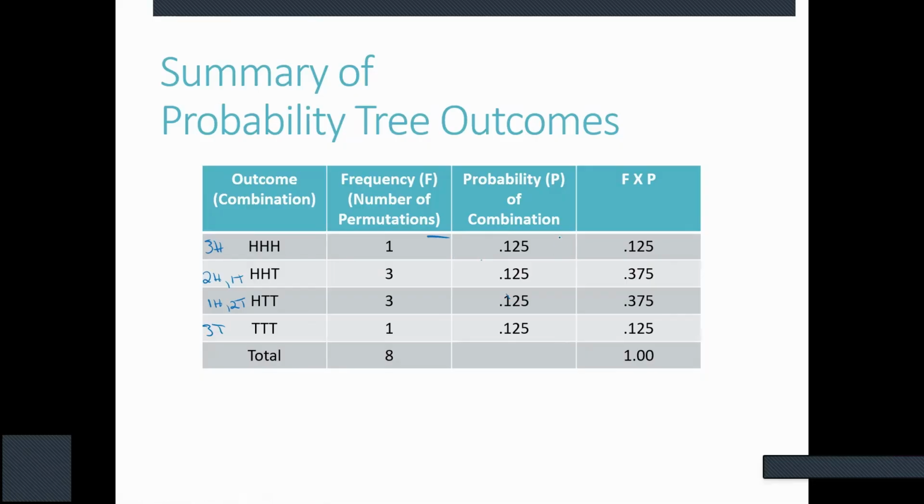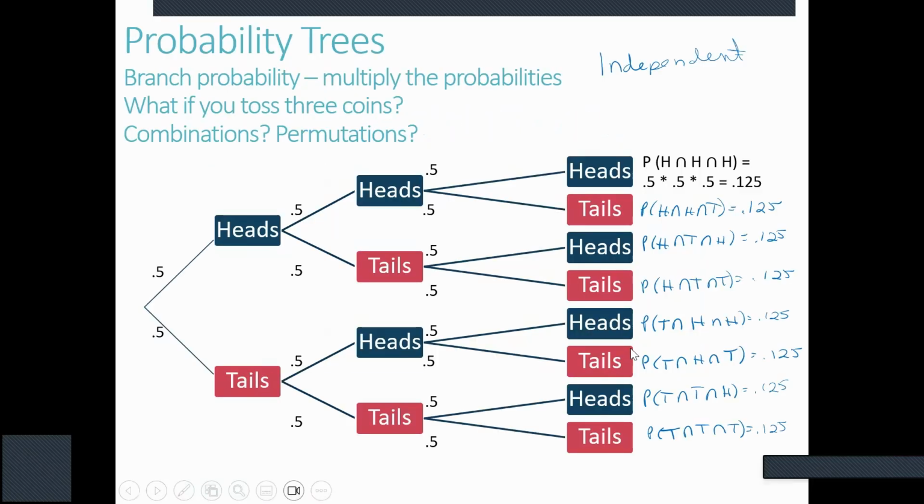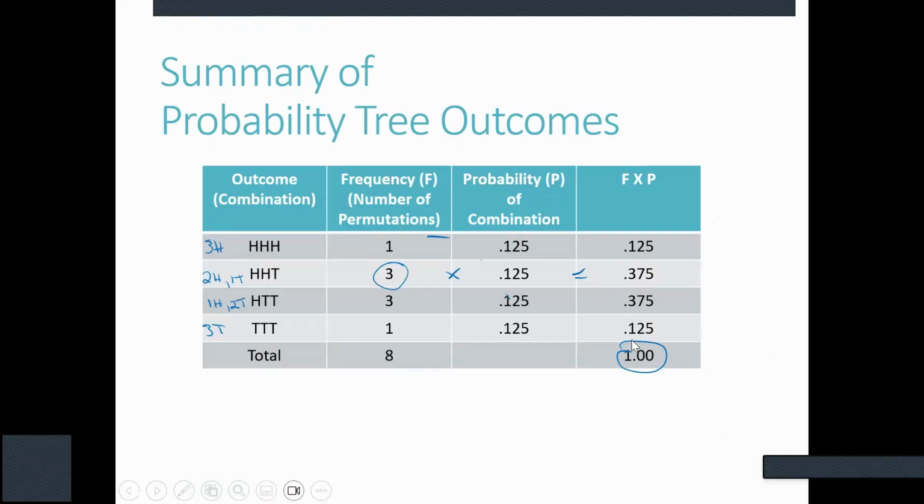The probability of any particular combination is 0.125, but there were three what we call permutations, which is rearrangements. So while each one had a probability of 0.125, altogether if we multiply that, we get 0.375. So 0.125 here, 0.375 here, 0.375, 0.125, all adds up to 1, just like all the 0.125s there add up to 1. Okay, so the end probabilities have to add up to 1.